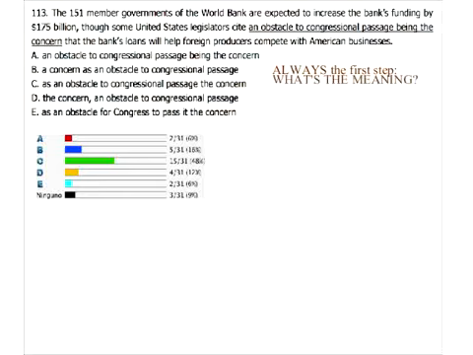So the meaning of the sentence is that this concern, which is a specific concern about the bank's loans, is an obstacle to the congressional passage of the funding increase.